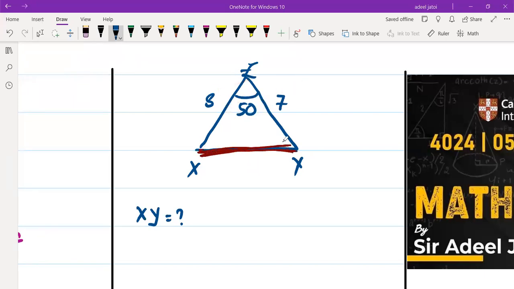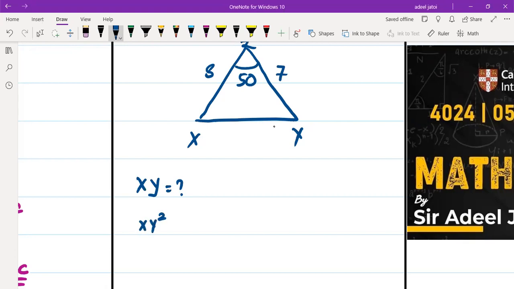So XY will be used as square. So this should be written as XY square. The two sides are 8 square plus 7 square minus 2, 8, 7 cos 50.